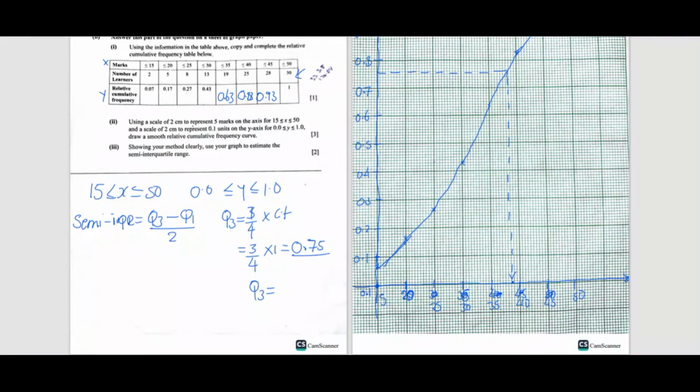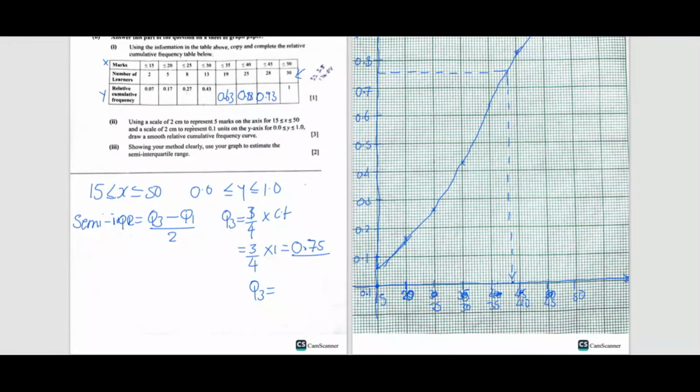So now what is the scale in the x-axis? We said it is 5 units per 2 centimeter square. So we can say 5 divided by 10, so that we know each small box represents 0.5. So 35.5, 36, 37, 38, 39. If you add 2 more small boxes, that's 1.